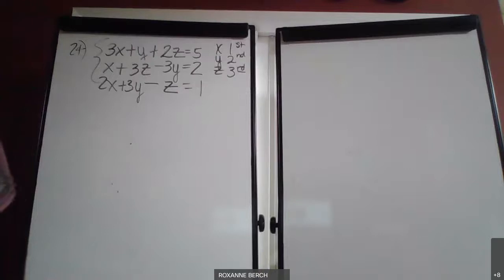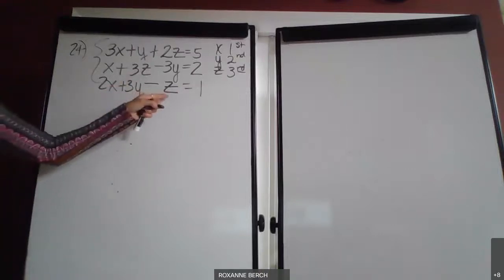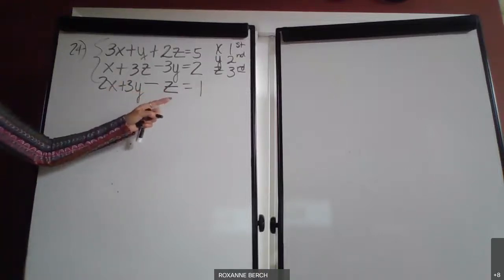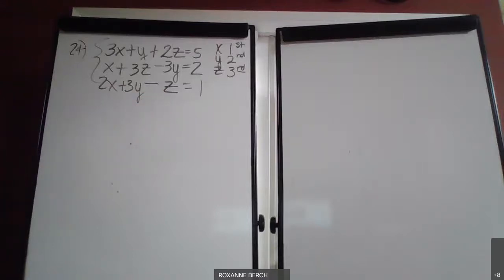So does that make sense? If the third number is subtracted from 2 times the first number and 3 times the second number, and the result is 1.